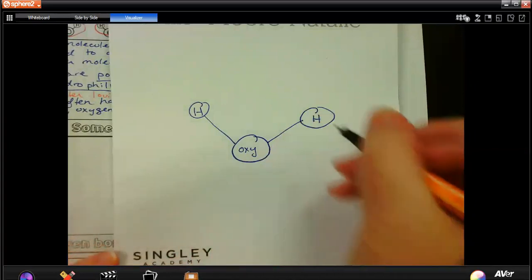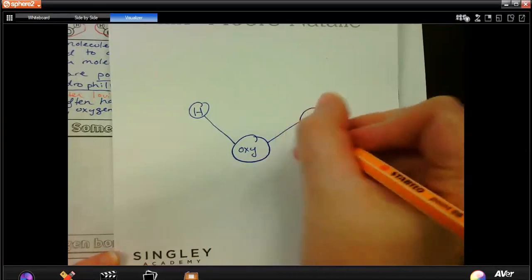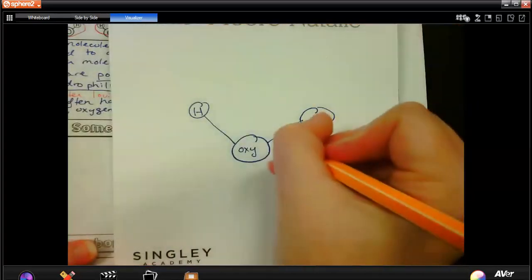And so instead of having electrons equally shared between the 2, the oxygen pulls the hydrogens' electrons towards it.